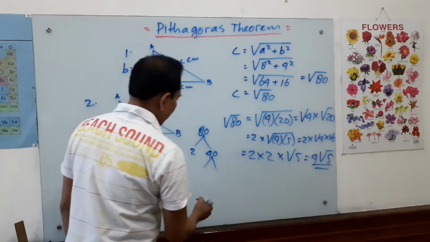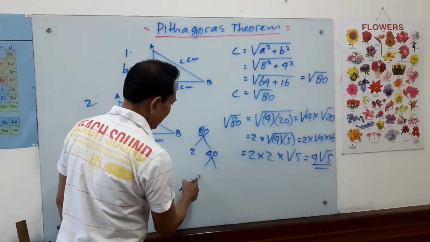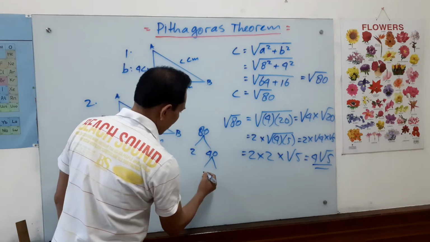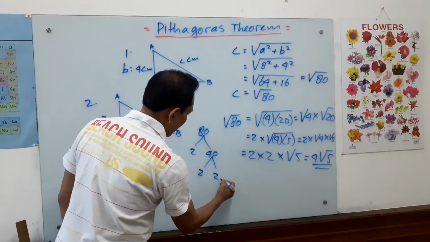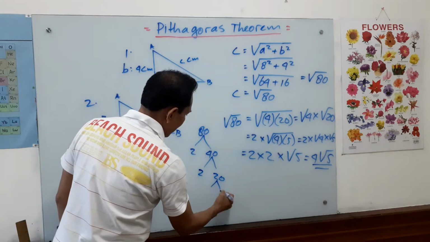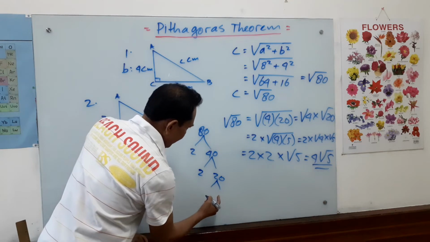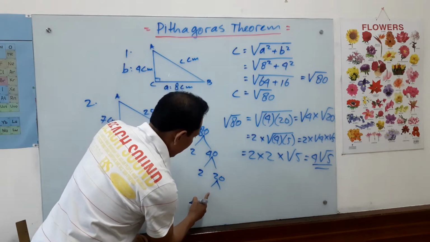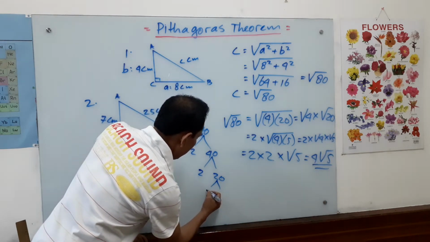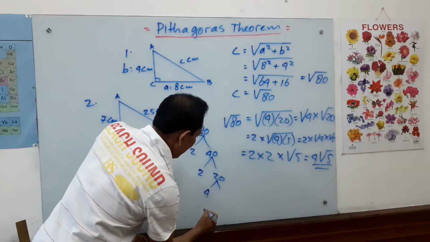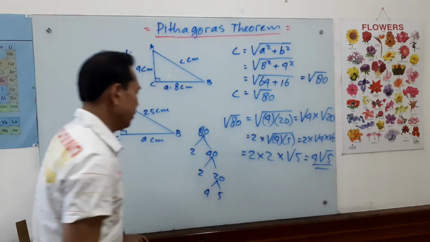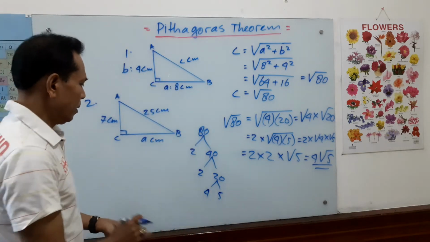We have 2, we have 20 here, this is 4, this is 5.